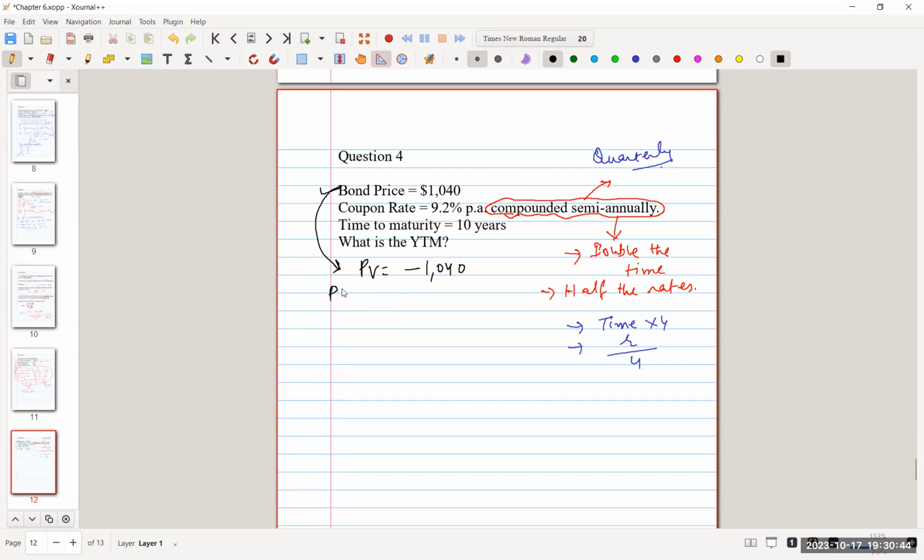So my payment is 9.2 divided by 2, which is 4.6% of 1,000, $46. So payment is 46 plus.